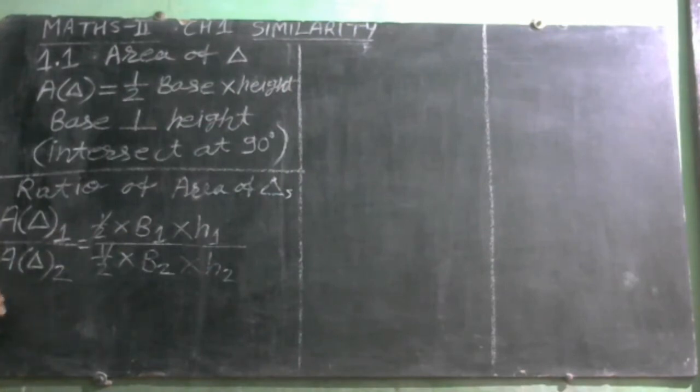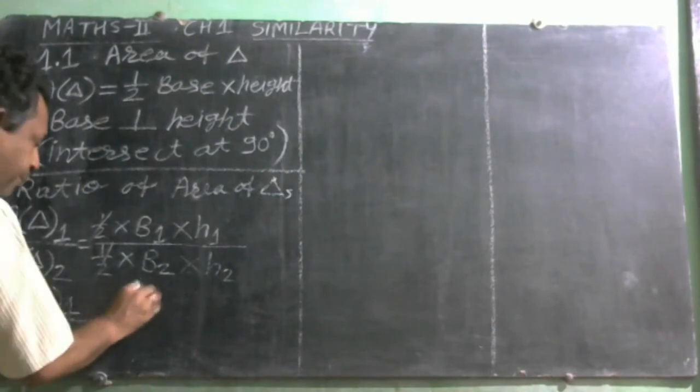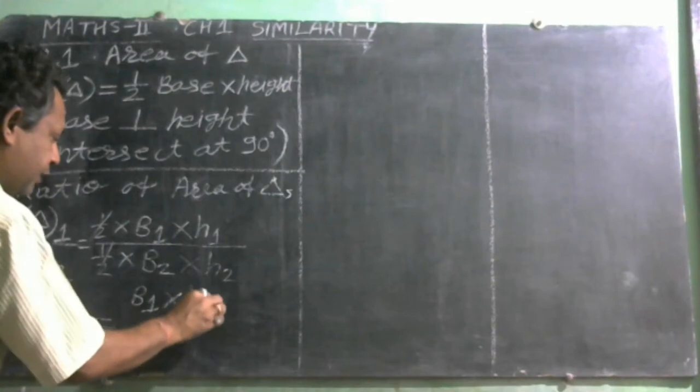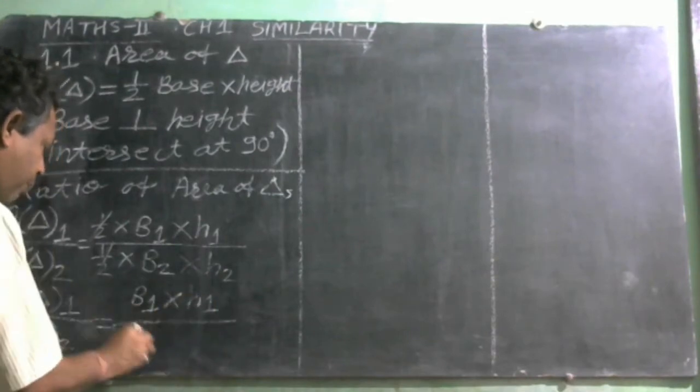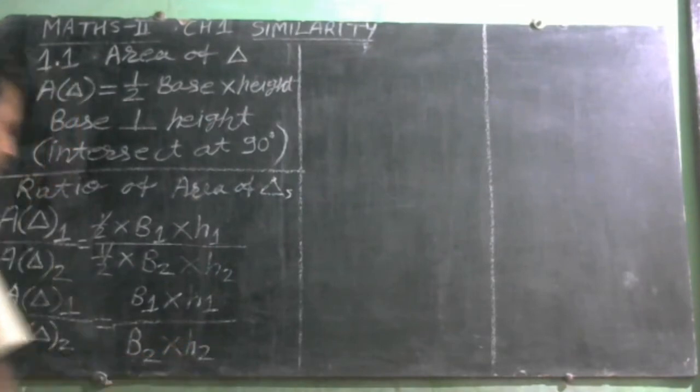So therefore, area of triangle 1 upon area of triangle 2 equal to B1 multiplied by H1 upon B2 multiplied by H2.